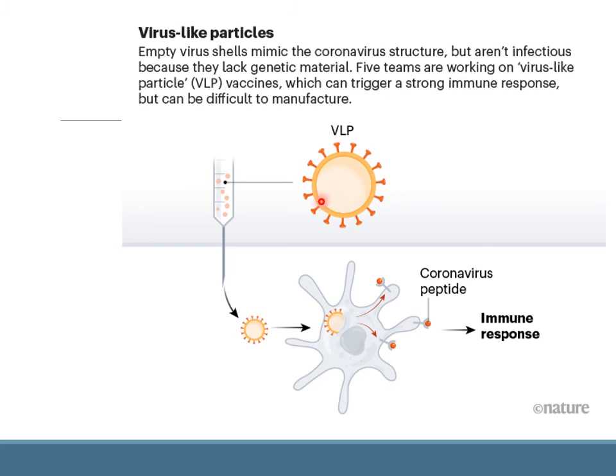It cannot infect cells, but it can be taken up by the immune molecules, recognized as foreign, and now we have an immune response against the surface structure of coronavirus. The notes up here indicate that while it can trigger a strong immune response, these can be difficult to manufacture. There are a couple vaccines that are prepared this way, though, and hepatitis B is one of them.